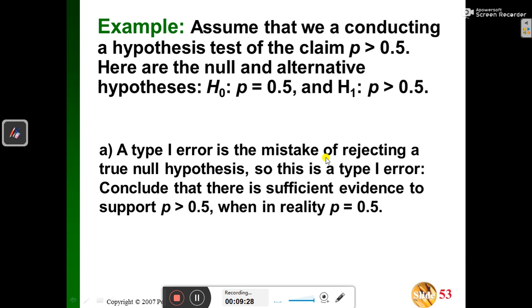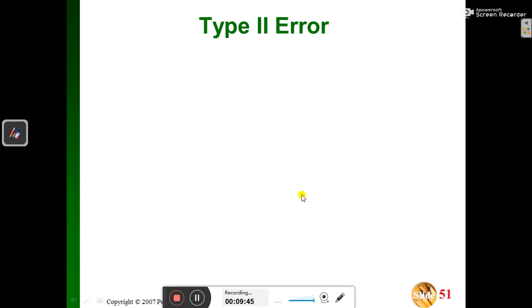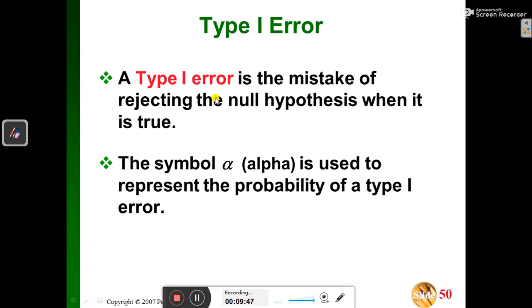A type 1 error is the mistake of rejecting a true null hypothesis. So this is a type 1 error: concluding that there is sufficient evidence to support p greater than 0.5 when in reality p equals 0.5. In case of a type 1 error, it has been stated that it is the mistake of rejecting the null hypothesis when it is true.